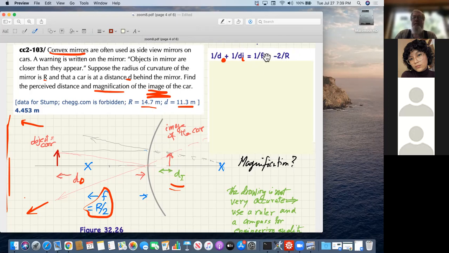So the focal length is negative R over 2, or 1 over F is negative 2 over R. So you have to be very careful to study the signs. And again, if you look at figure 32.26 in chapter 32, there's a paragraph which analyzes this and points out the somewhat tricky signs that you have to take into account.